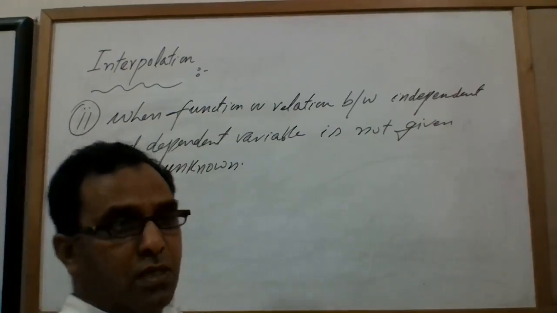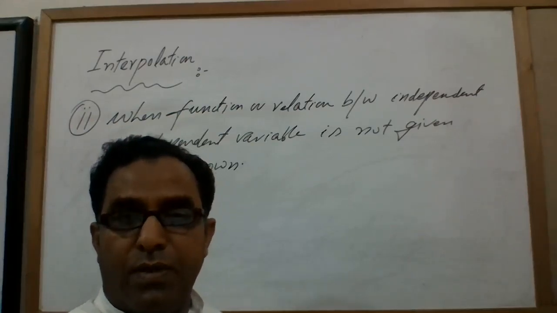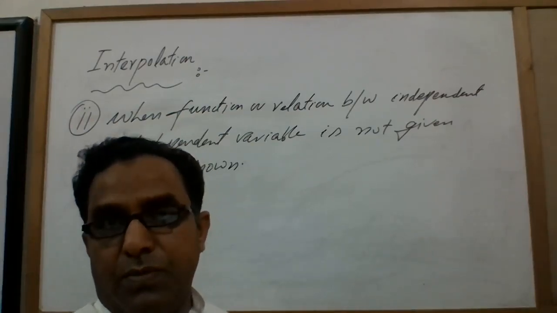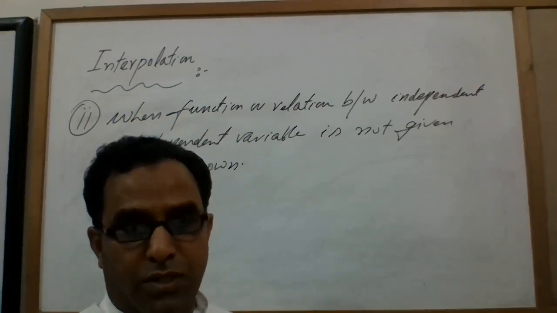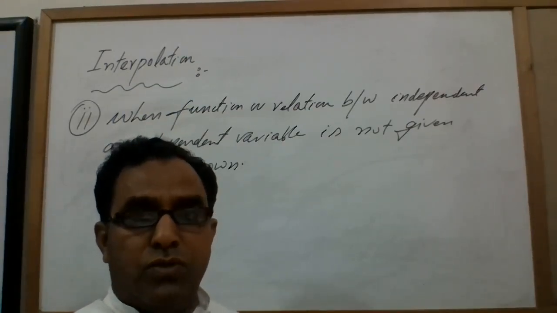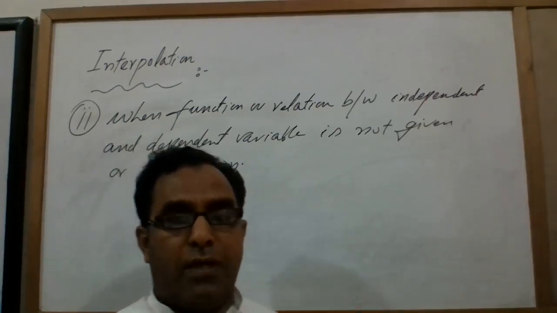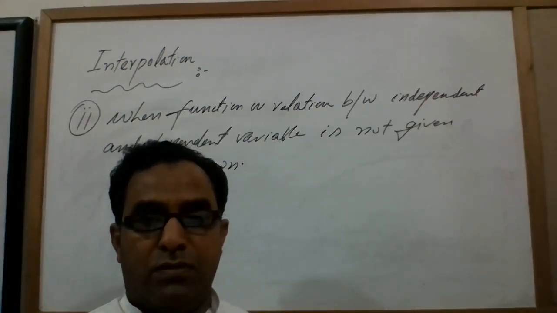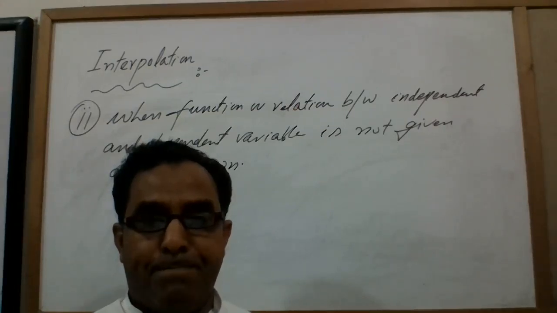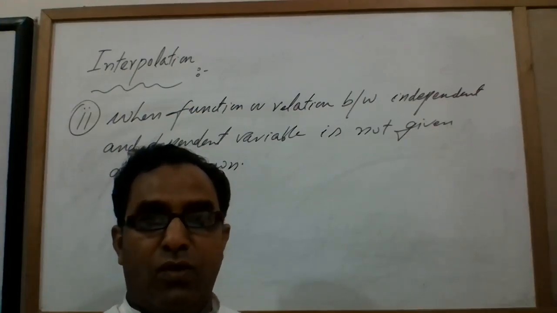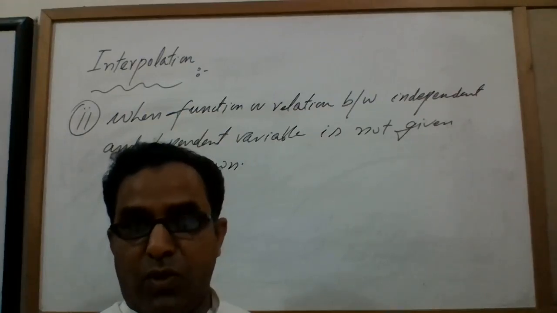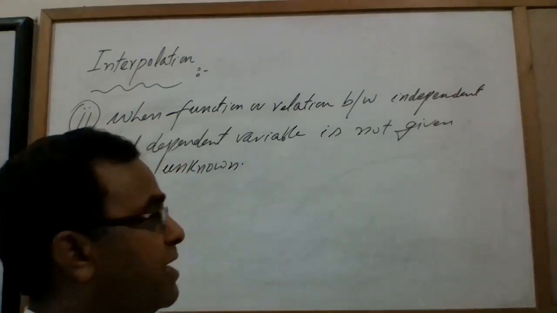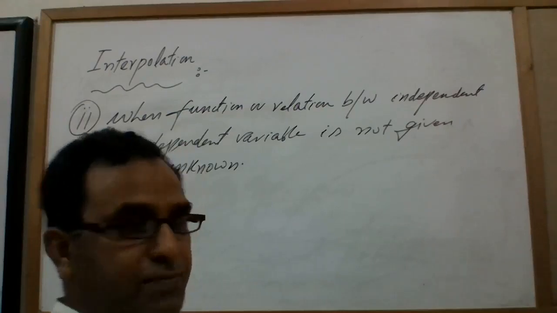For example, if you have been given certain values of the dependent variable for certain values of the independent variable, then we cannot say with full certainty the value of the dependent variable for any other value of the independent variable. For example, let's consider a table of values.